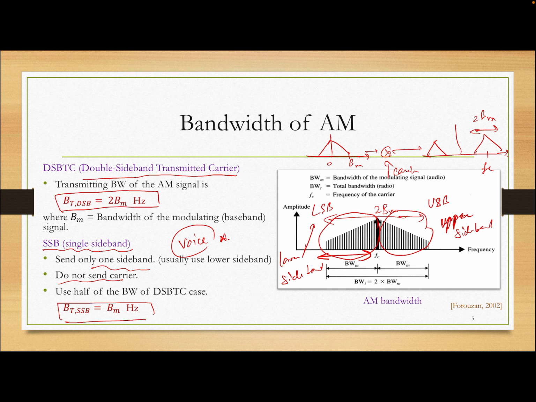You can use single sideband and save half of the bandwidth. But if you send other signals that are not voice, it's usually difficult to do with single sideband, and I don't want to get into this, as I usually explain it in detail in the principles of communication class. So you can look it up by yourself, why single sideband is not good for other signals.